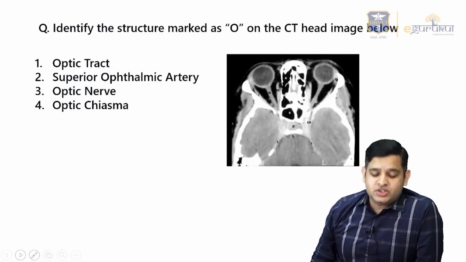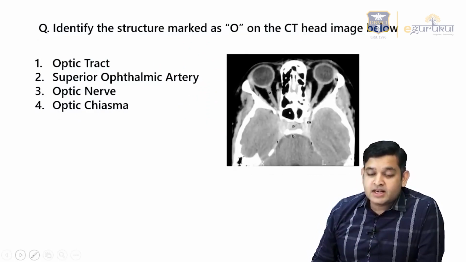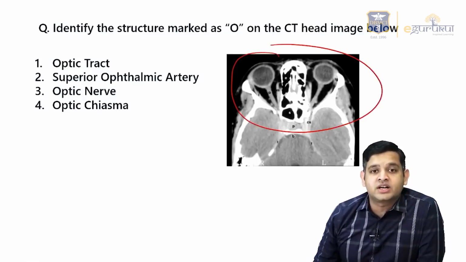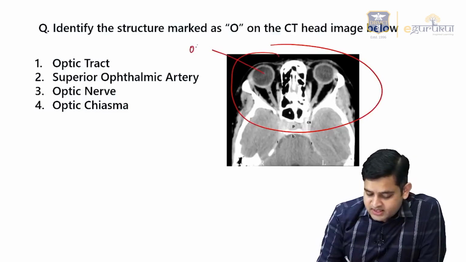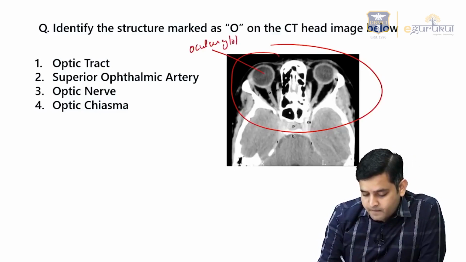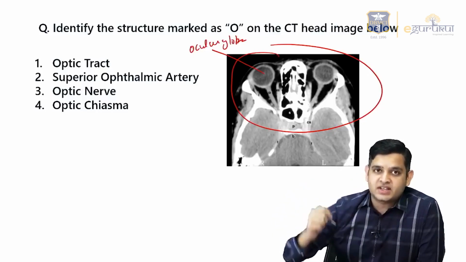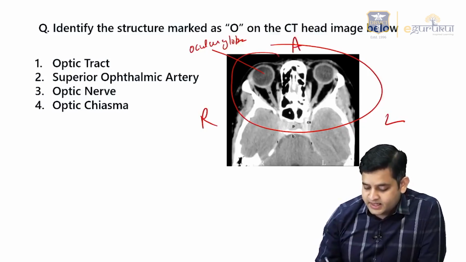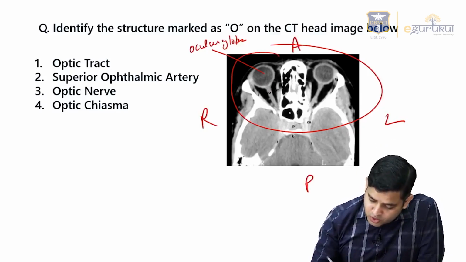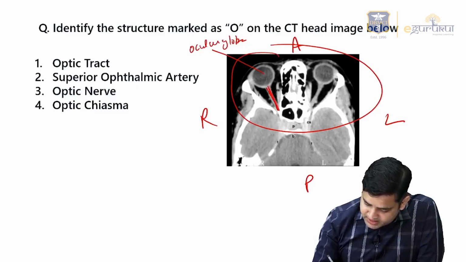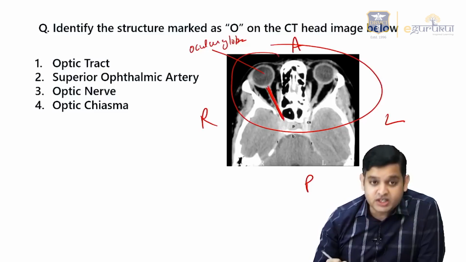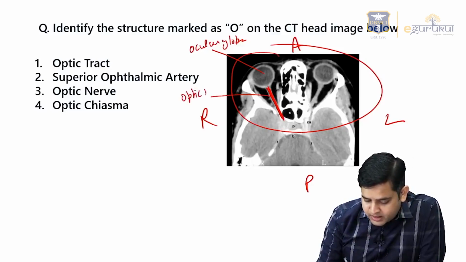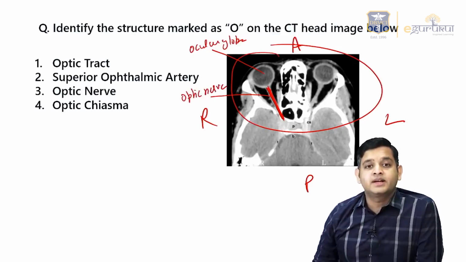There was another image: identify the structure marked as O on the CT head given below. Now this is the structure that you could see. You all can see that this is the ocular globe. We all know this is a CT scan of the brain. This is the right side, this is the left side, this is anterior, this is posterior. Now from the center of the ocular globe, there is a structure projecting like this, and that is nothing but the optic nerve.